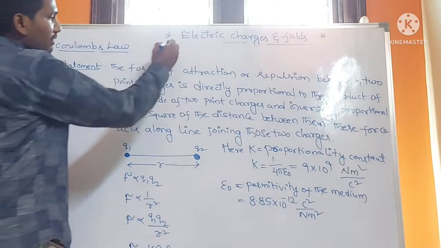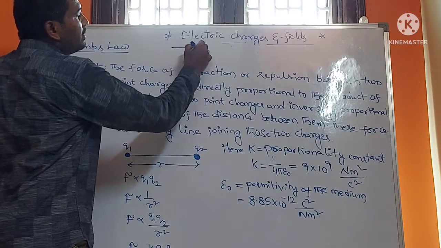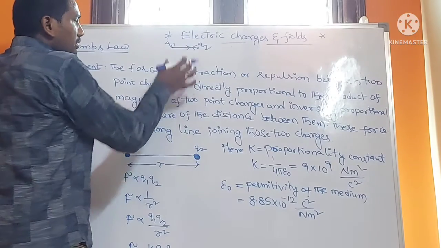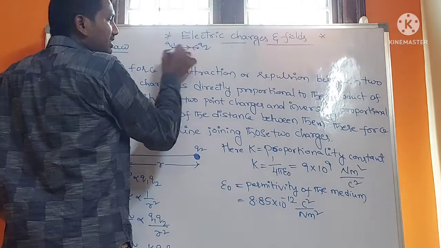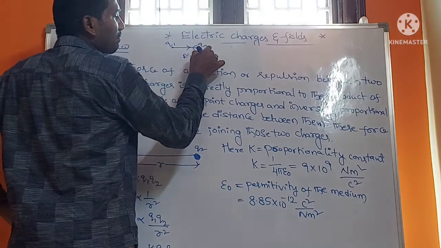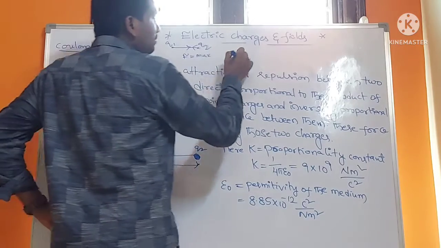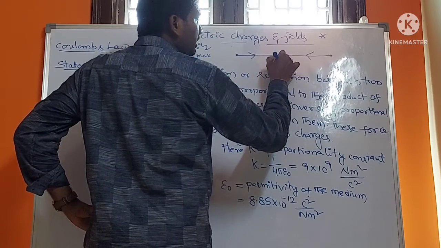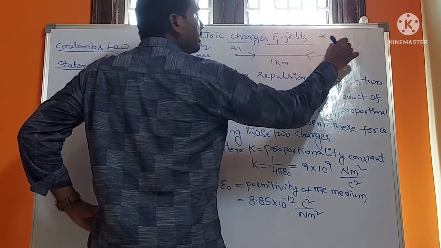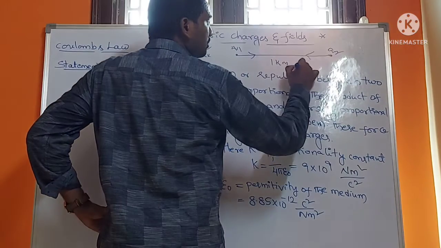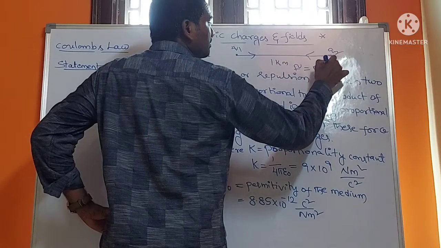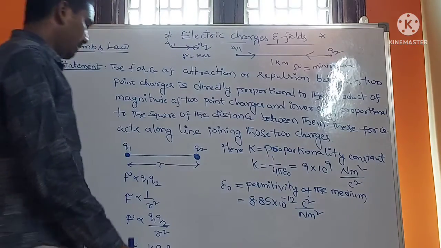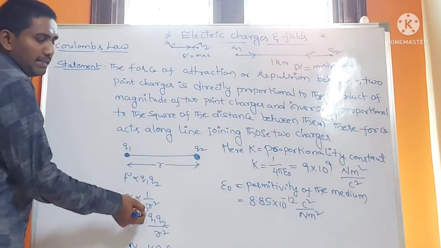What is the meaning of directly proportional and inversely proportional? For example, here are two charges, Q1 and Q2, with a force acting on them. When these two charges are at a small distance, the force is maximum. When the two charges are at a large distance, for example 1 kilometer, the force is minimum. The force depends totally on the distance.